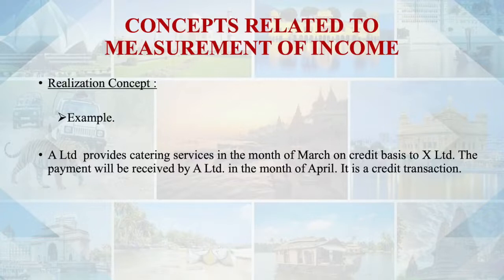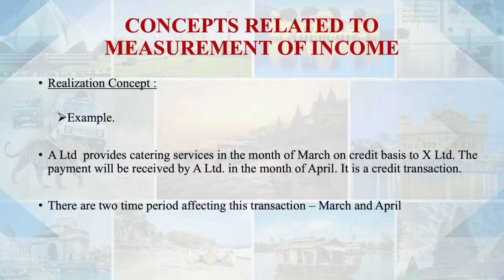Now, if we look at this example, it has two different dates. It is affecting March, when the services are actually delivered, and the month of April, when the payment will be made by X to A. So how has this transaction to be recorded in a profit and loss account statement? When should we record it? In the month of March or in the month of April?